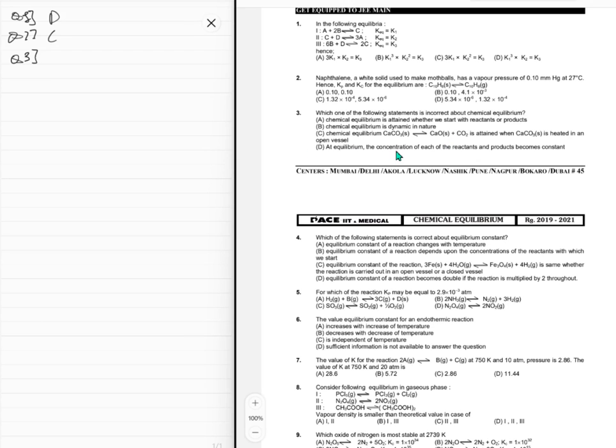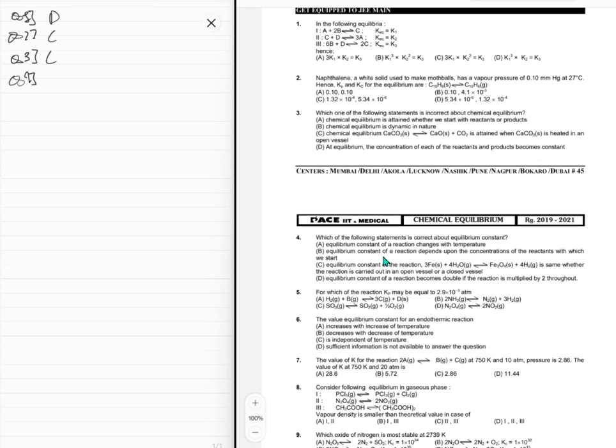So it will obliterate all CaCO3 and that's not equilibrium. So C is just wrong, right? At equilibrium, the concentration of each of the reactants and products becomes constant. Yes, it becomes constant. So D is correct, B is correct, A is correct, C is incorrect.